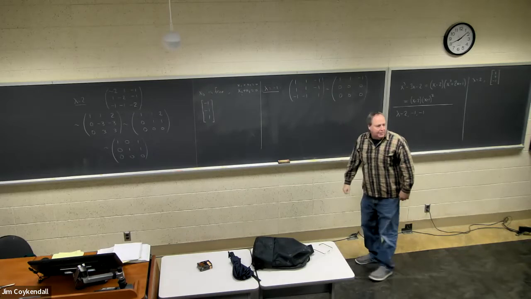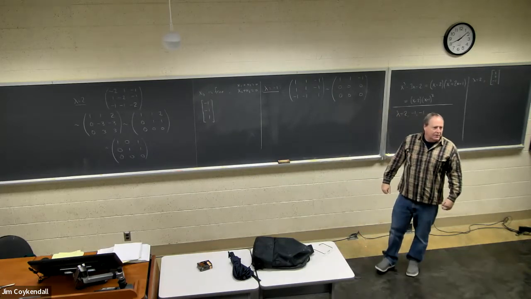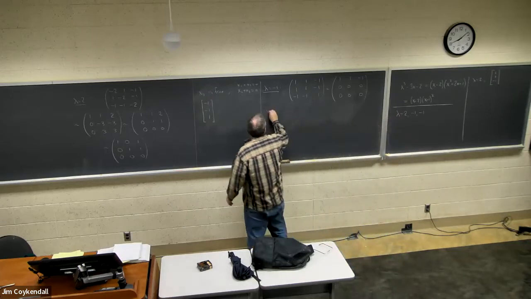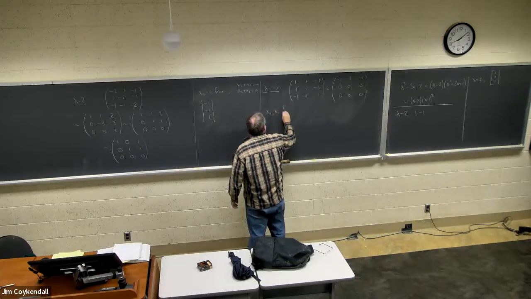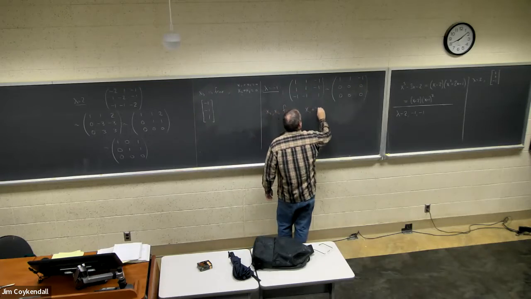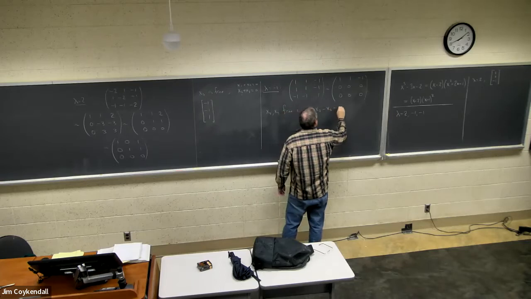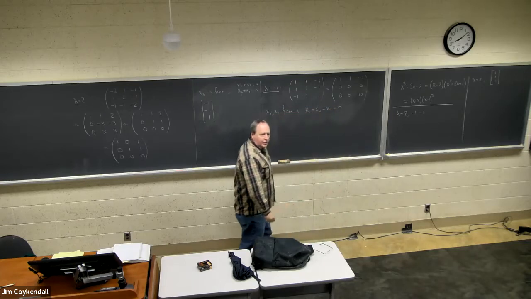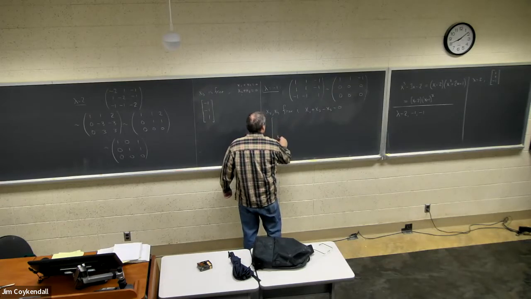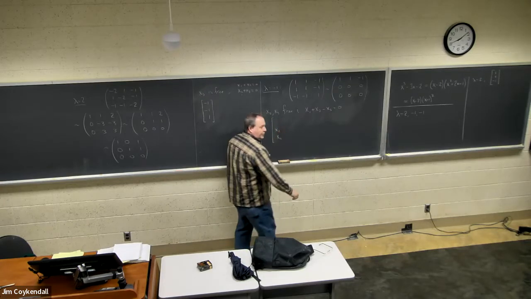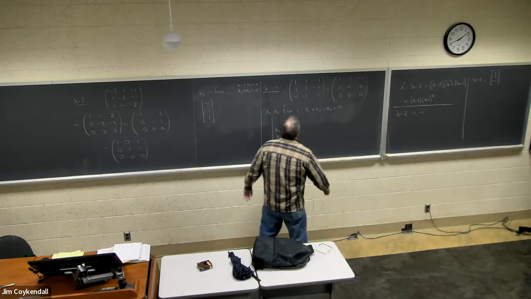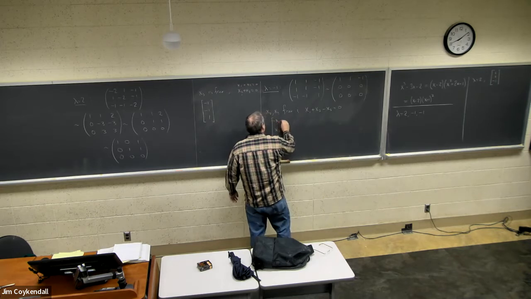And how about them apples? I have two free variables. A typical eigenvector here looks like x3 and x2, both free, and then x1 should be minus x2 plus x3.